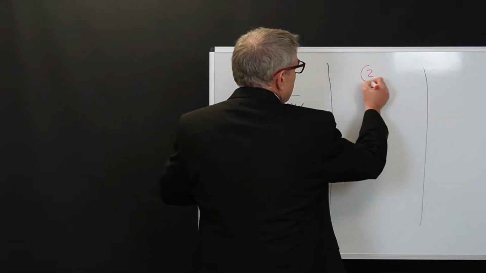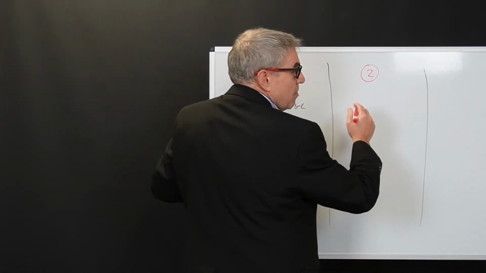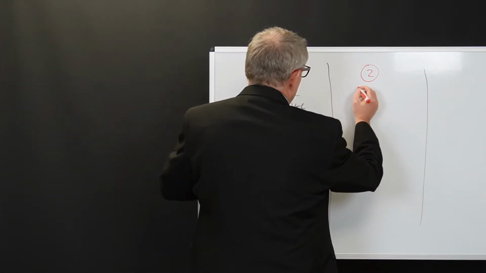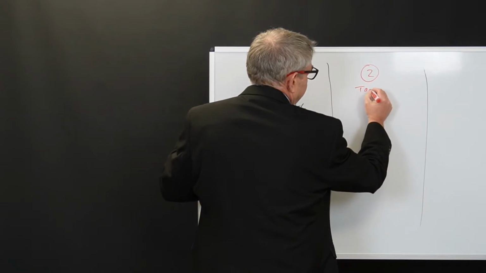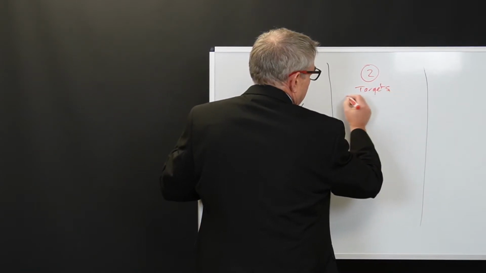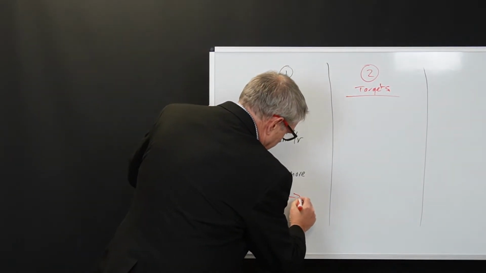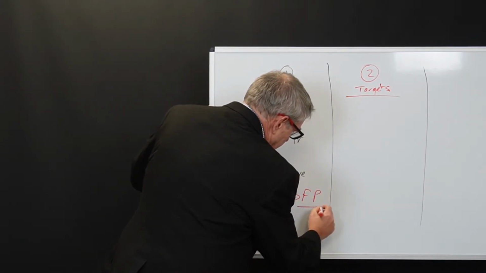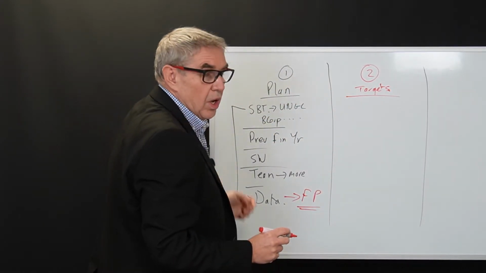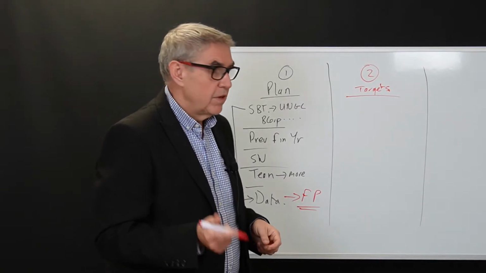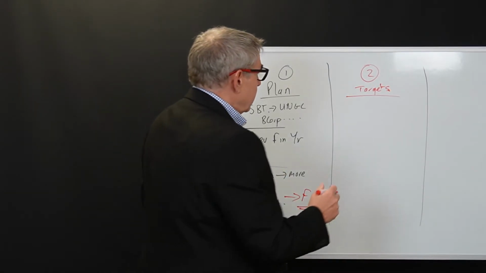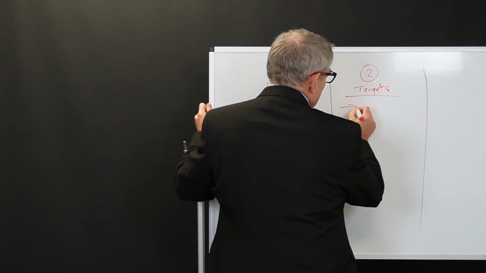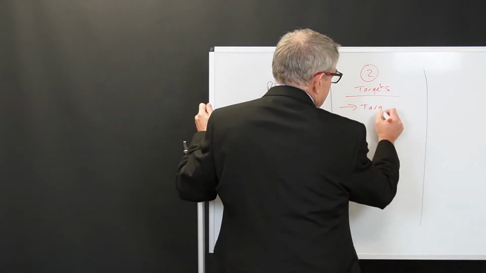Stage 2 is look at the targets. What does that mean? This will give you a footprint. It should give you your tons of CO2e figure. Once you've got that, the question is, what target are you going to set to reduce it?